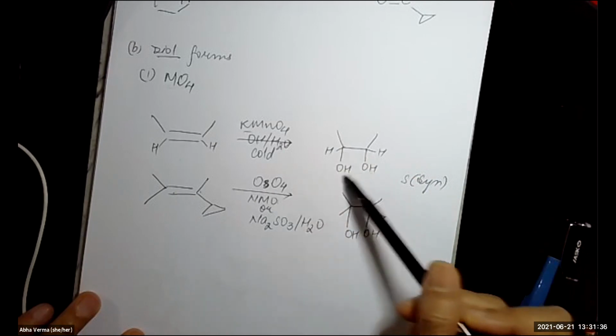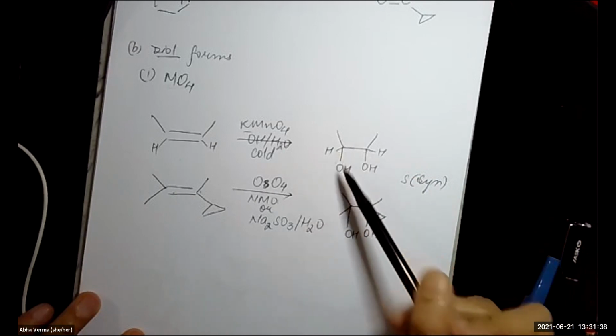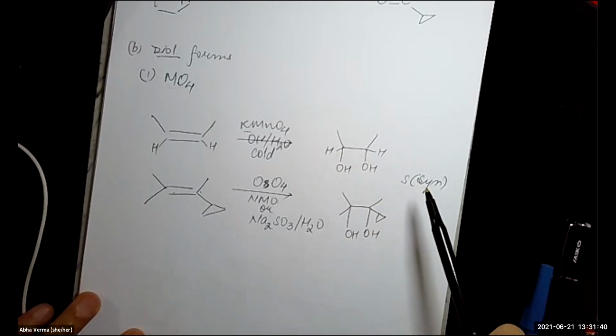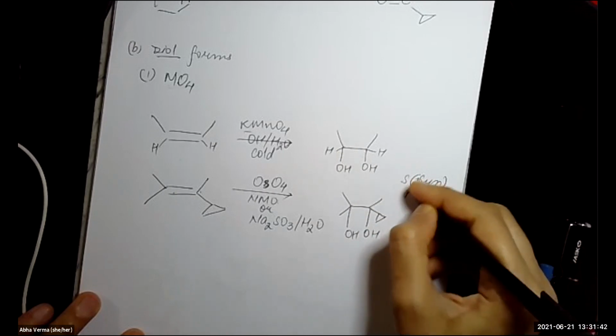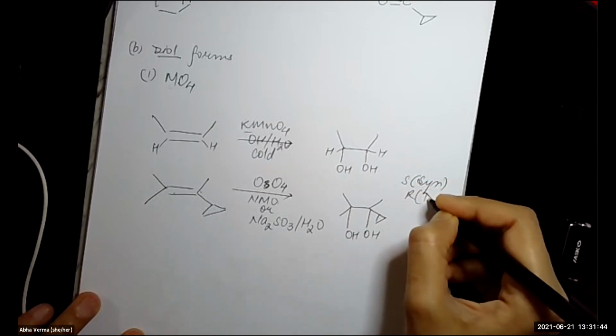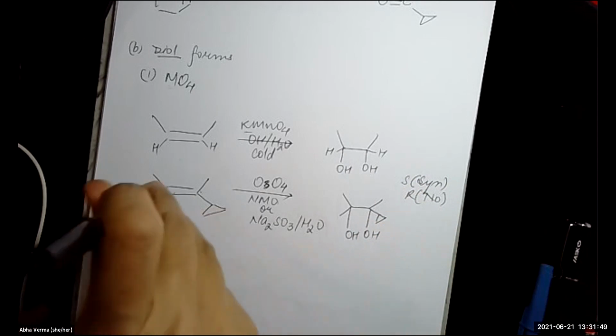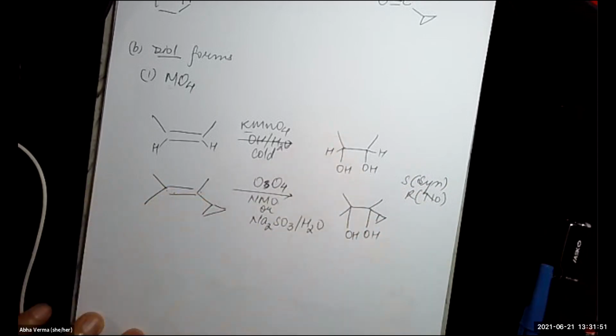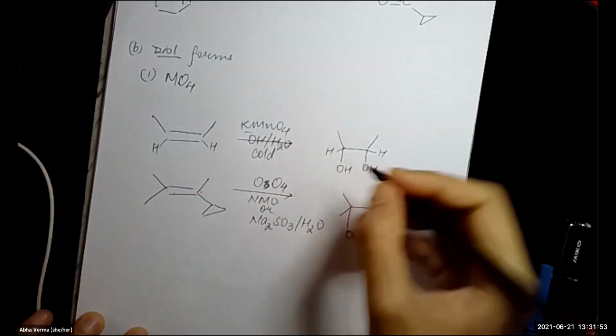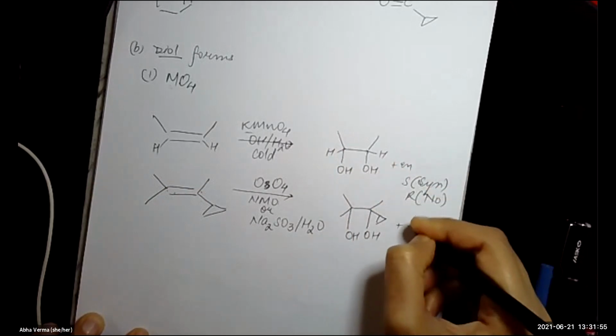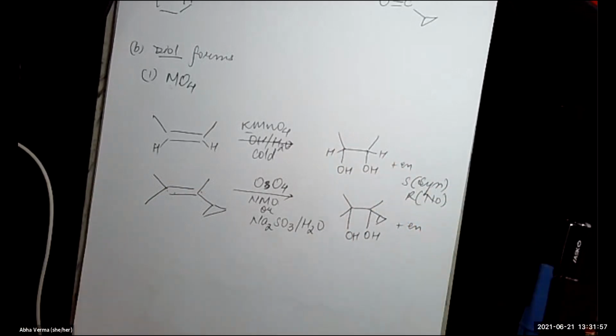Both the groups attach to the carbons from the same side. What is the regiochemistry? Not applicable. We cannot control the regiochemistry. It can attack from the top, it can attack from the bottom. Same, racemic mixtures will form.